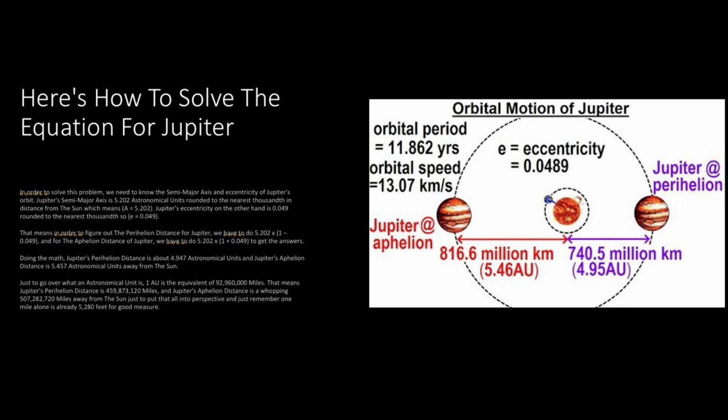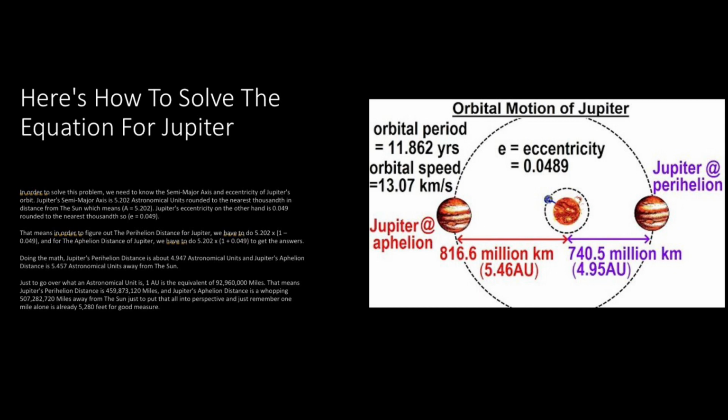Jupiter's eccentricity, on the other hand, is 0.049, rounded to the nearest thousandth. So E equals 0.049. That means in order to figure out the perihelion distance for Jupiter, we have to do 5.202 times, in parentheses, 1 minus 0.049.